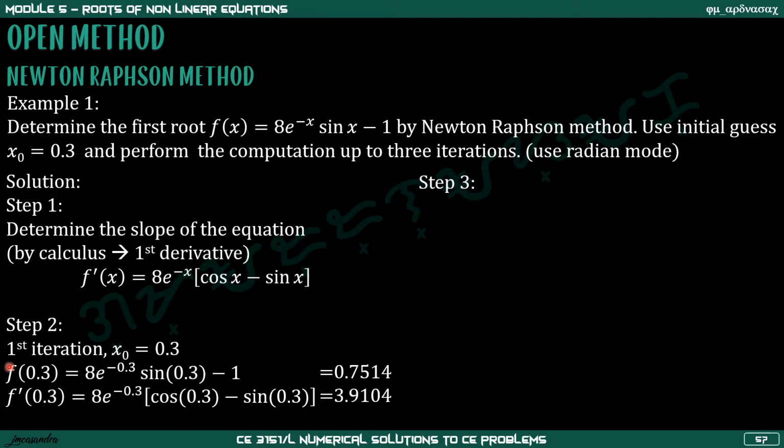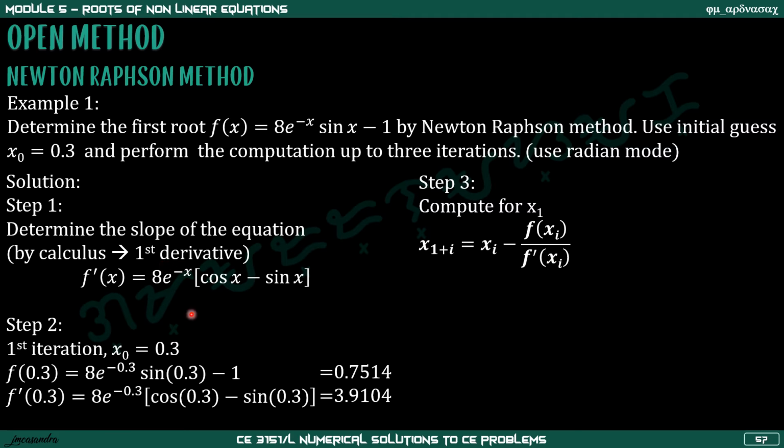Then we move to step 3. We compute now for x sub 1, or the value of x for the first iteration. In computing for x sub 1, we use our formula for Newton-Raphson, which is x sub i minus f of x sub i divided by f prime of x sub i.